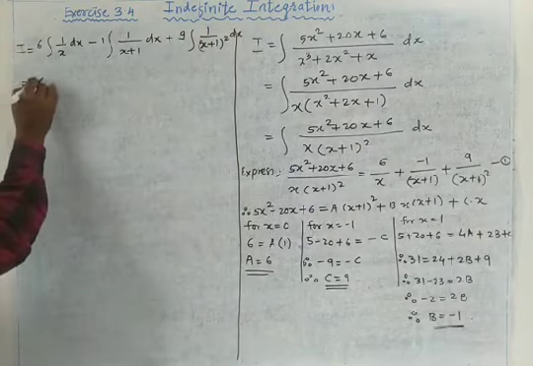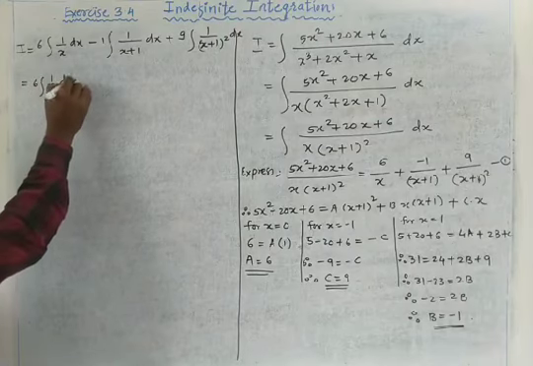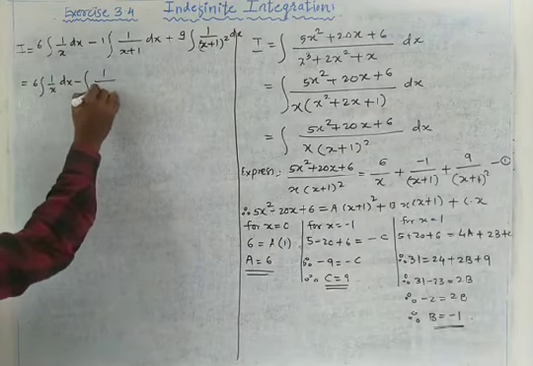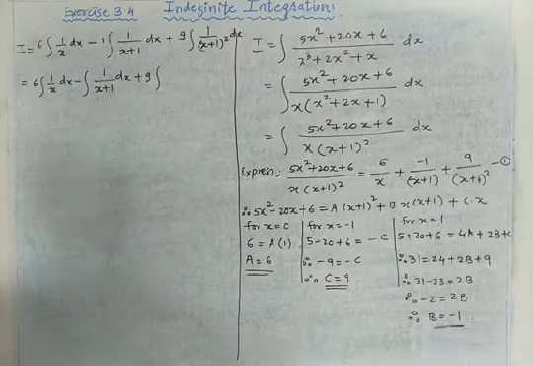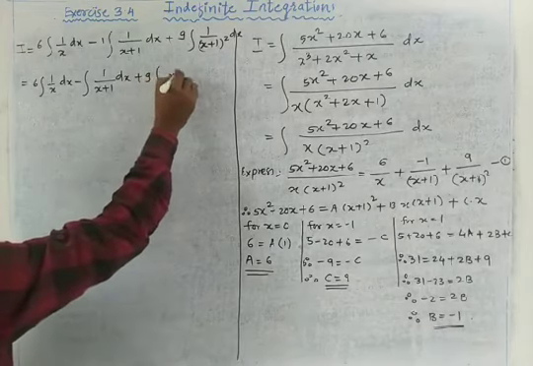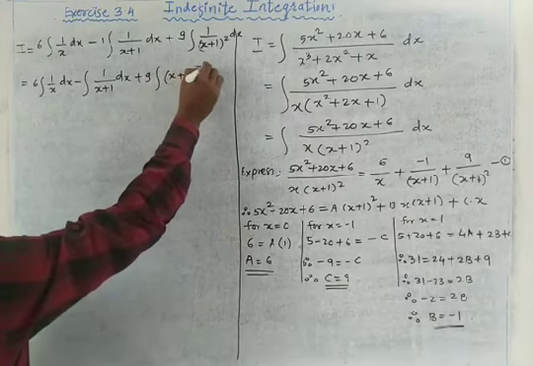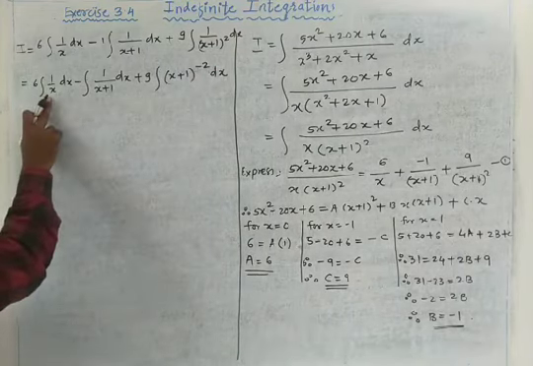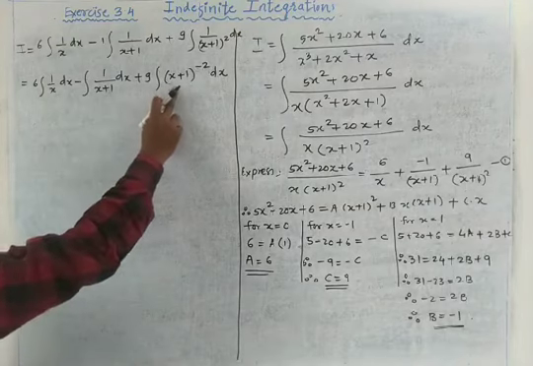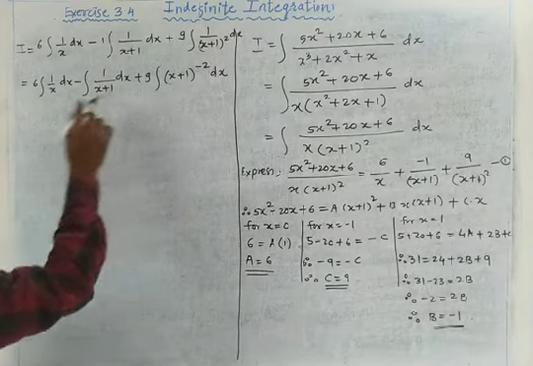Now 6 into the integral of 1/x dx minus the integral of 1/(x + 1) dx, plus 9 times the integral of, now (x + 1)² we can't keep in the denominator, so shift to the numerator, we get (x + 1)^(-2) dx. Understood? And now we are going to use the 1/x formula here, here also the 1/x formula, and here the x^n formula.